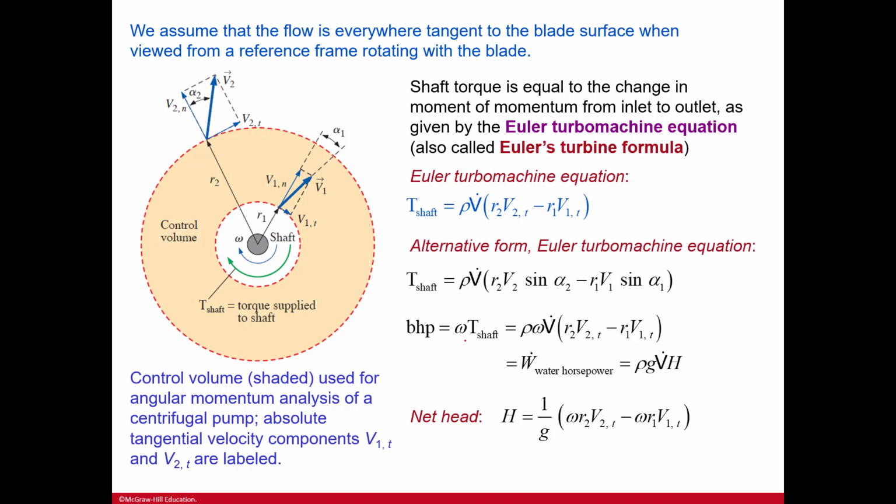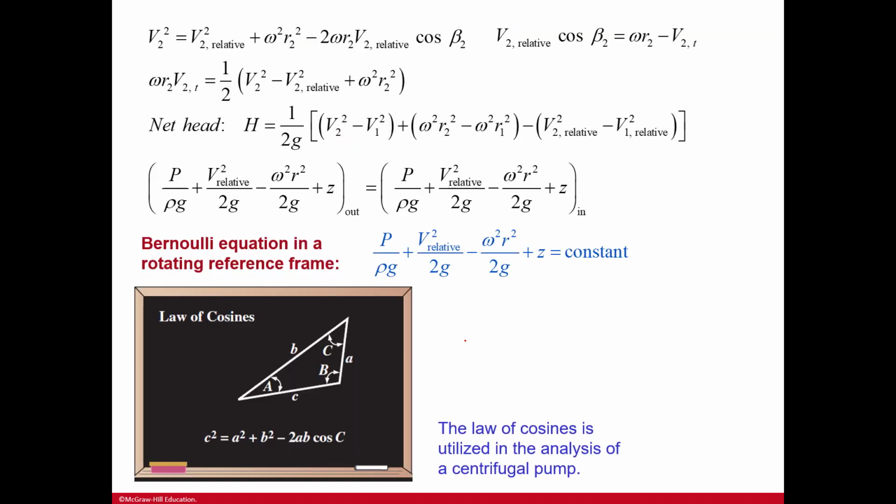So here's the Euler turbomachine equation, or the alternate form, and then the net head at the bottom. And here are additional formulas, including the Bernoulli equation in a rotating reference frame. And again, we will go over these in the video where we are working these.